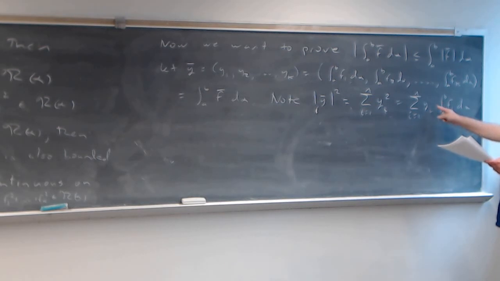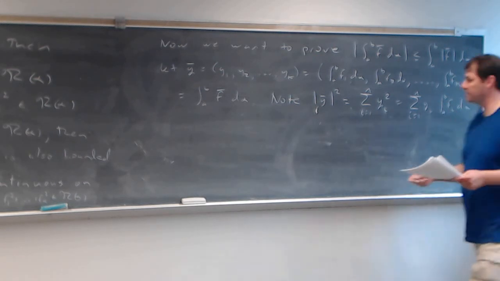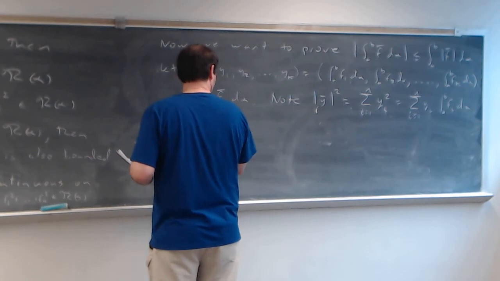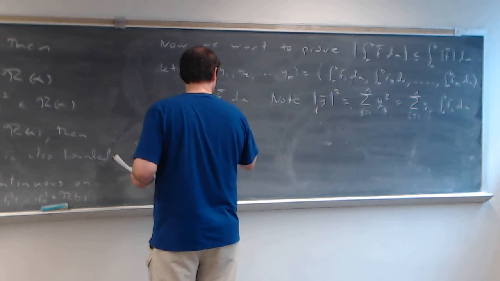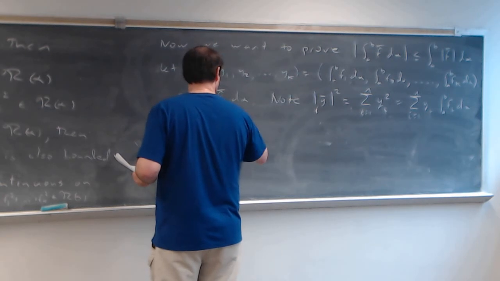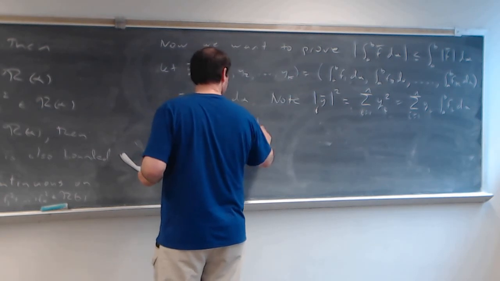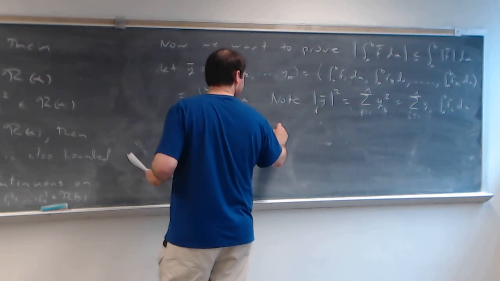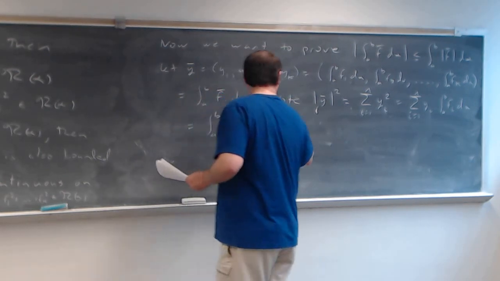It's just like a constant, and you can pull it inside the integral. And the sum of the integrals is really the integral of the sum. So here, this is going to be the integral from a to b of the sum as i runs from 1 to n of y sub i times f sub i d alpha.